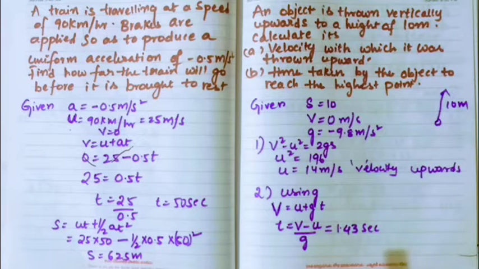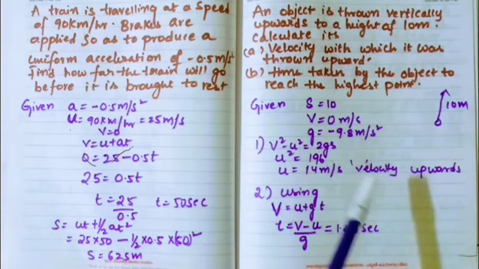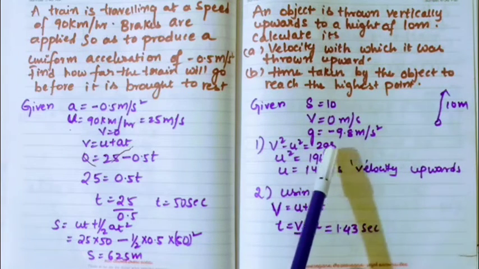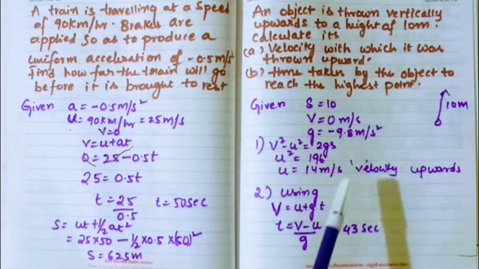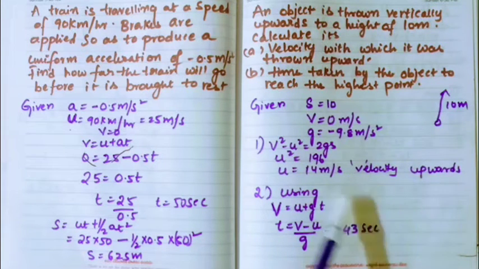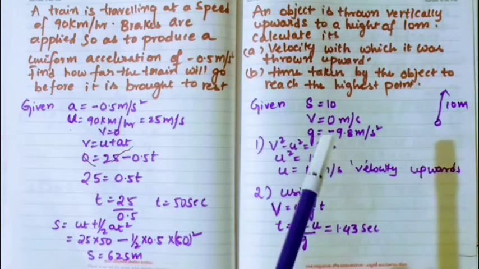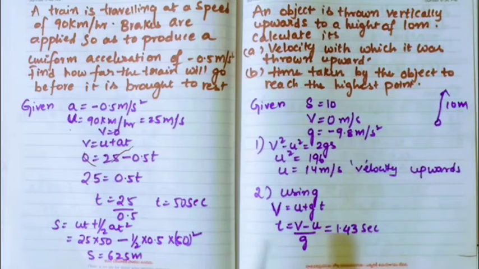As I told you in the previous video, acceleration due to gravity, so a will be taken as g. When it is against gravity, we take minus 9.8. 9.8 is standard. If the motion is against gravity, then it is minus 9.8.